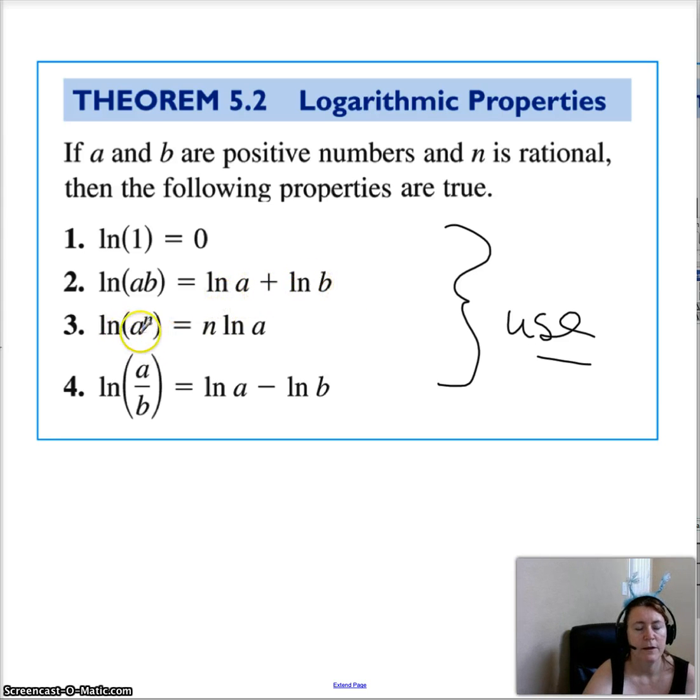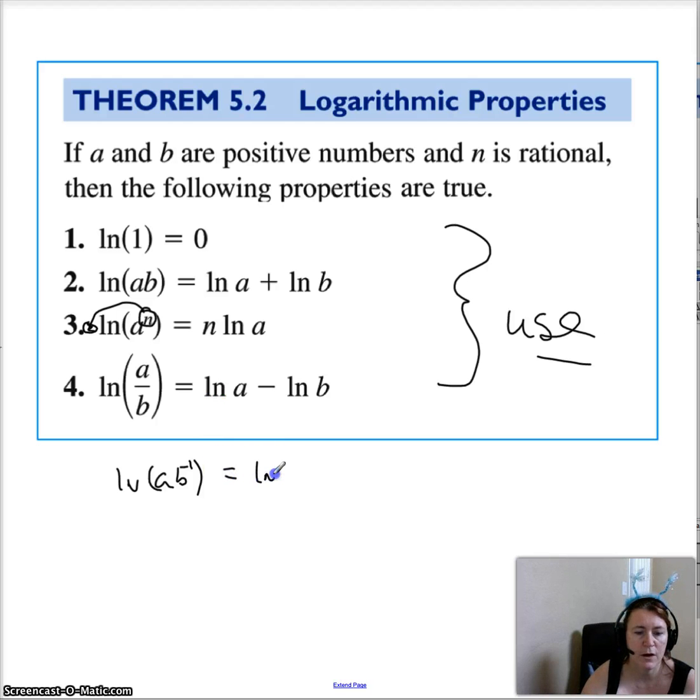The log of a to the n is n times log of a. So whatever your power is, you drag it to the front and you multiply by it. And the natural log of a divided by b is log of a minus log of b. Now you can look at this one and say that this is log of a b to the negative 1, and then you can use your power rule or your product rule here.